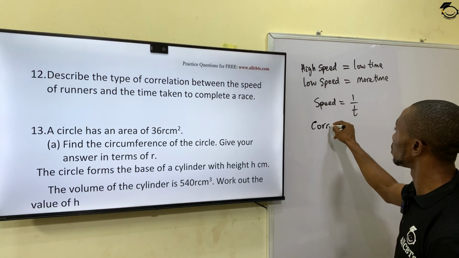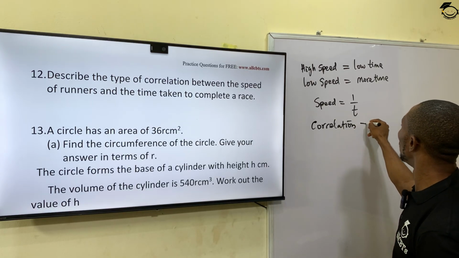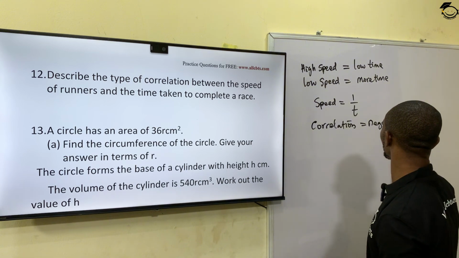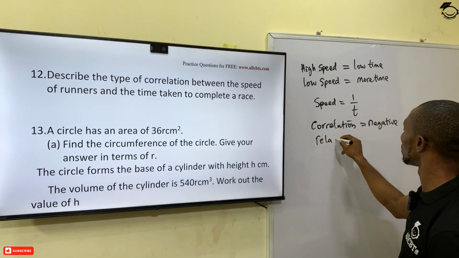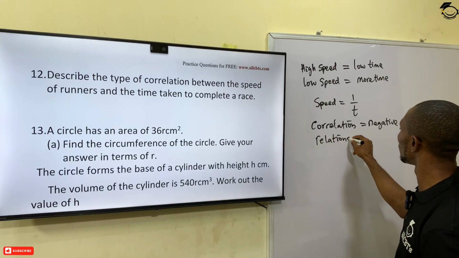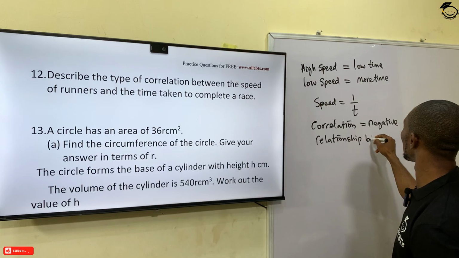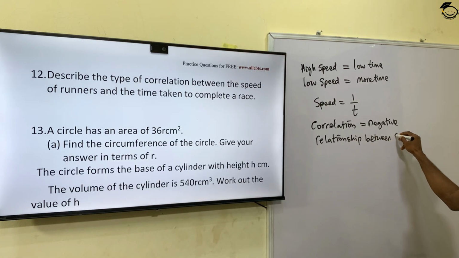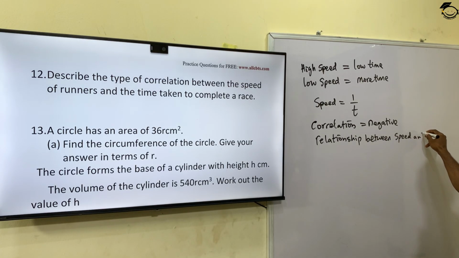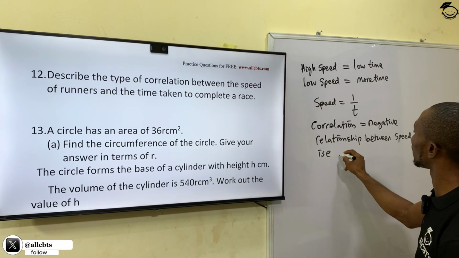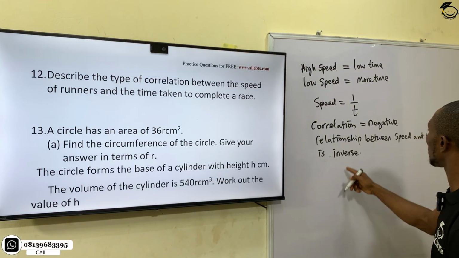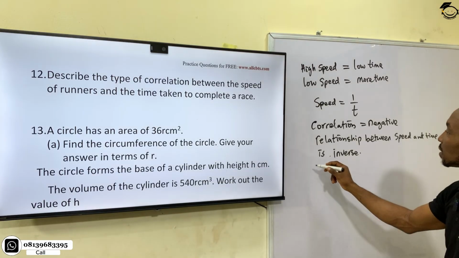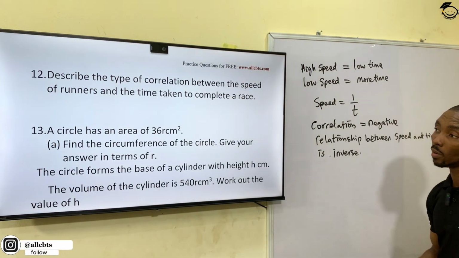The correlation would be a negative one, since the relationship between speed and time is negative, or rather is inverse. Since the relationship between speed and time is inverse, then the correlation will be negative.